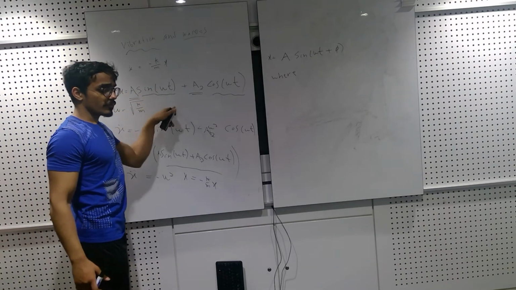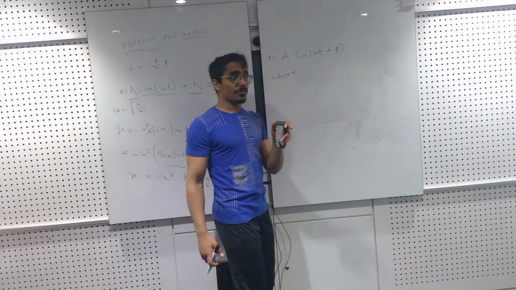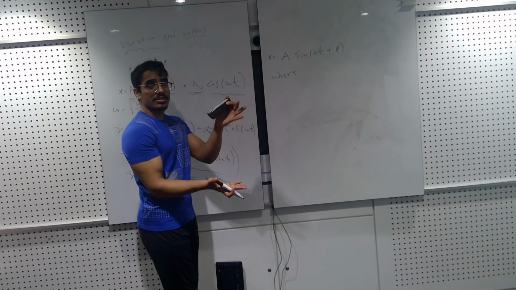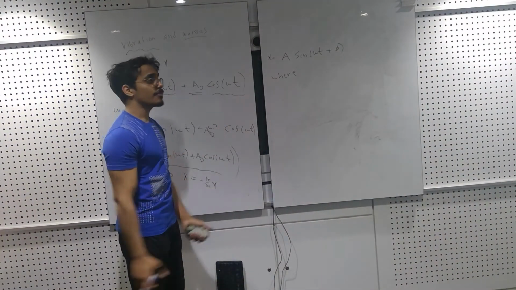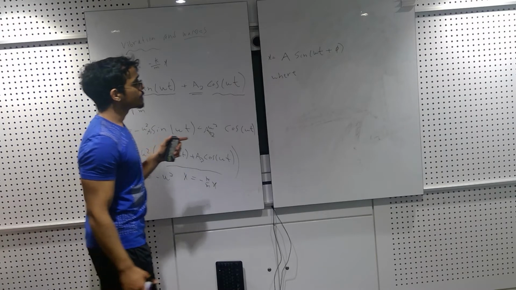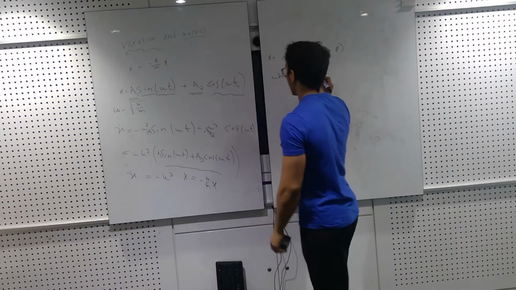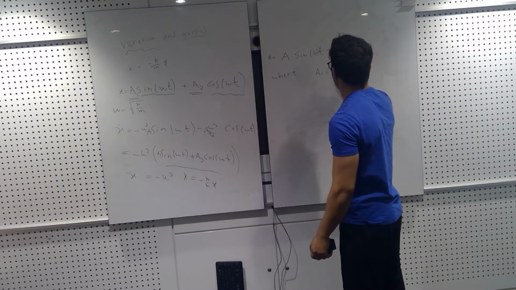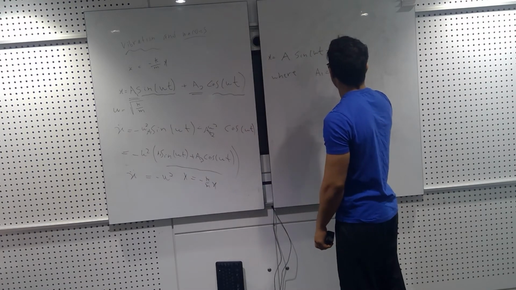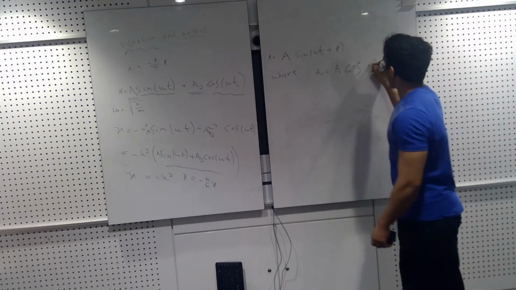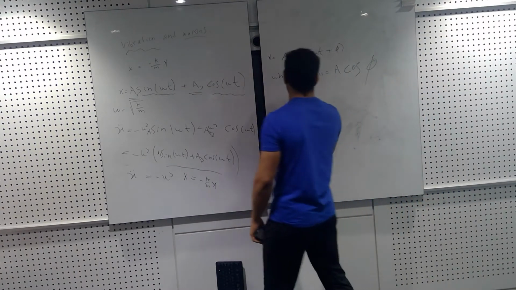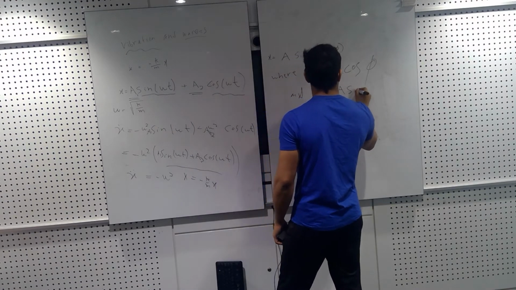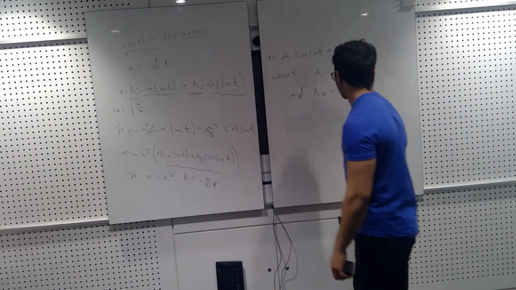However, once they interfere with each other, the overall sine and cosine will have a different amplitude. So a1 is equal to a cosine of phi, and a2 is equal to a sine of phi.